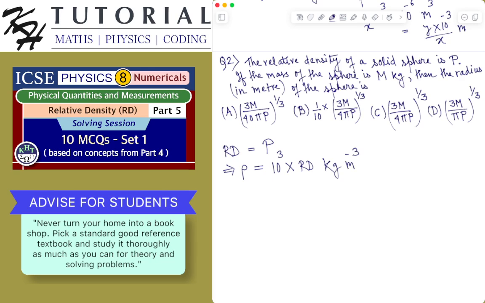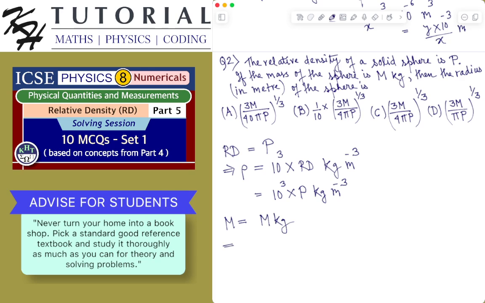So rho, which is the density, is equal to 10 to the power 3 multiplied by RD, which is the relative density of the substance. Since the relative density is given to be P, this becomes 10 to the power 3 multiplied by P kilogram per meter cube. Okay. So we know also the mass of the solid sphere is given to be M kilogram.